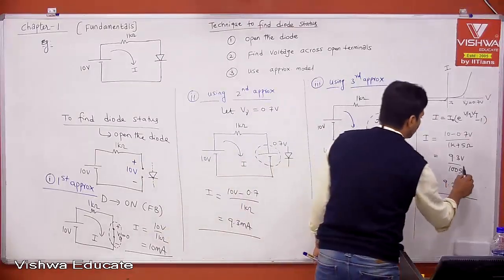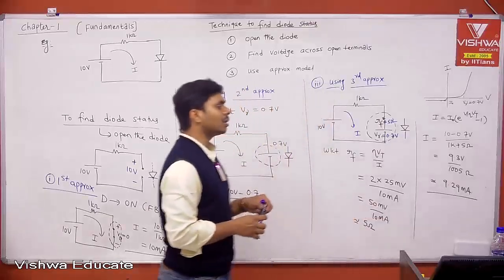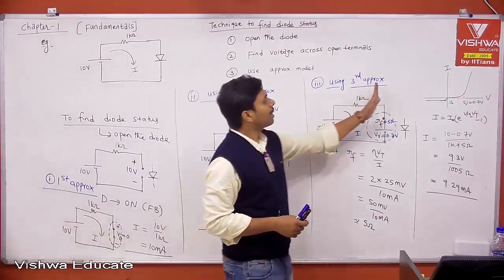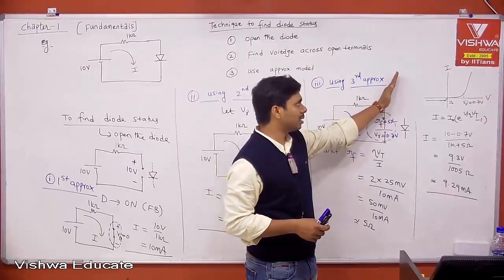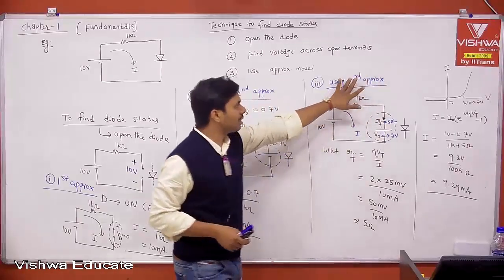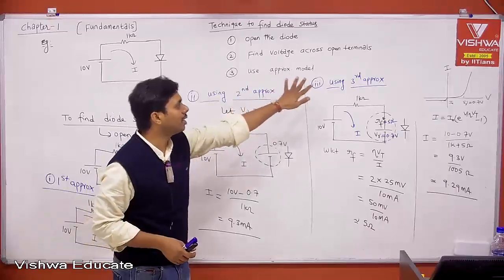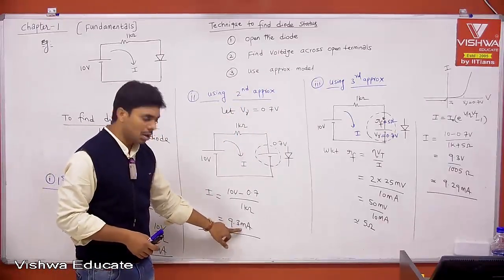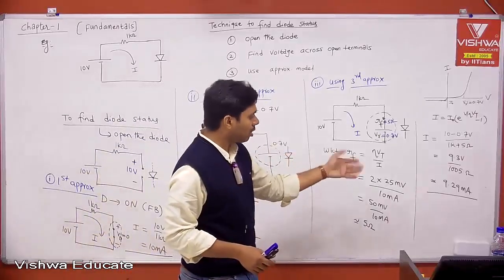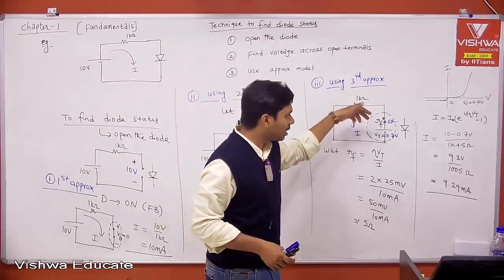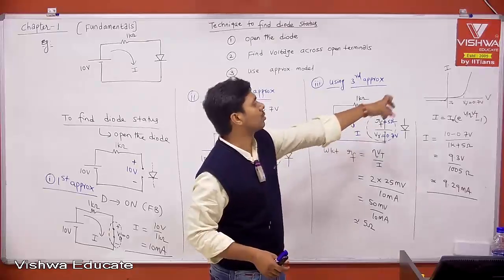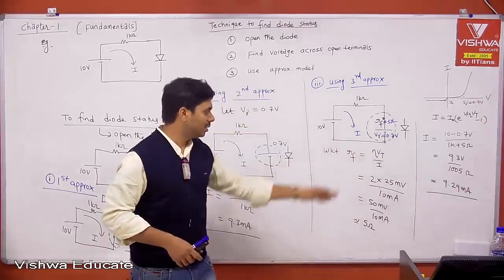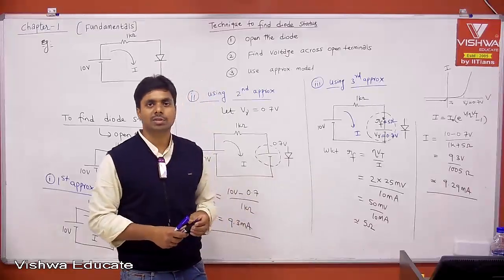Even though this is called the practical model, the error between the third approximation and the second approximation is very minimal. Using the second approximation, the current we got was 9.3 milliampere, and almost the same current comes even when you consider the forward resistance based on the operating point, which correlates with the exact model. We get 9.29 milliampere.